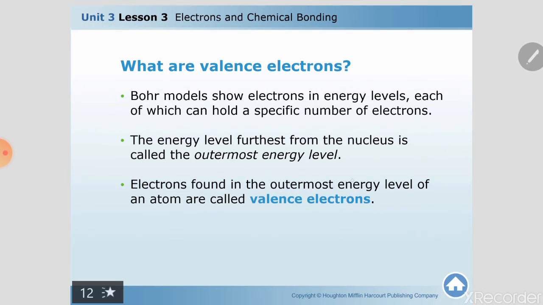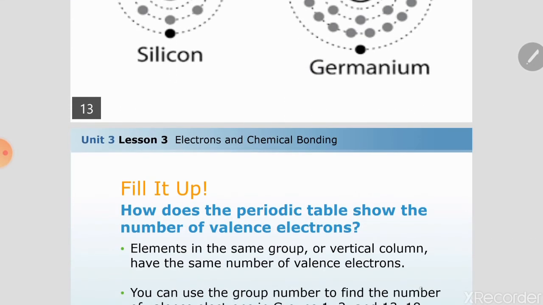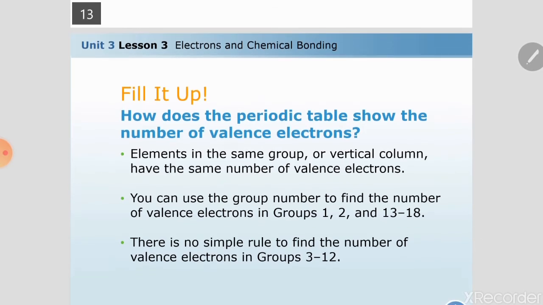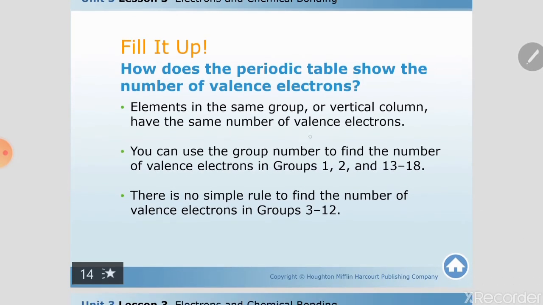Electrons found in the outermost energy level of an atom are called valence electrons. Here they also tell us how we can use the periodic table to show the number of valence electrons. Elements in the same group, or vertical column, have the same number of valence electrons.